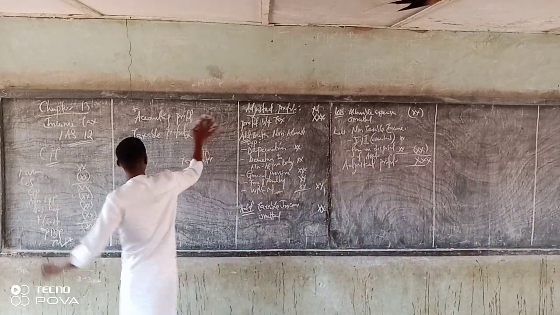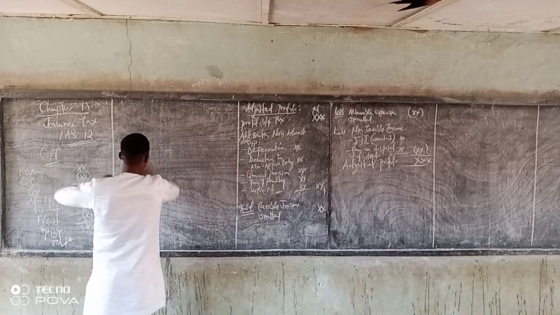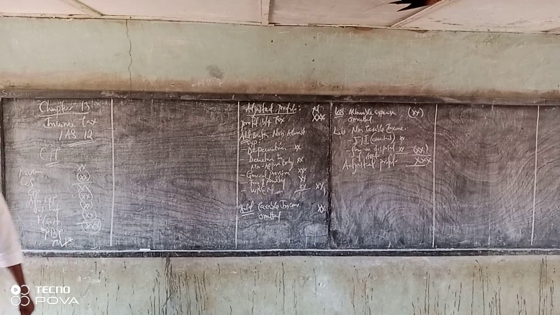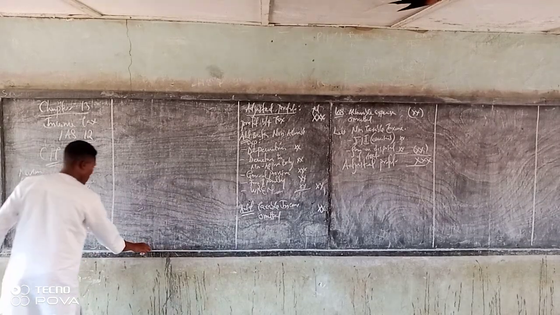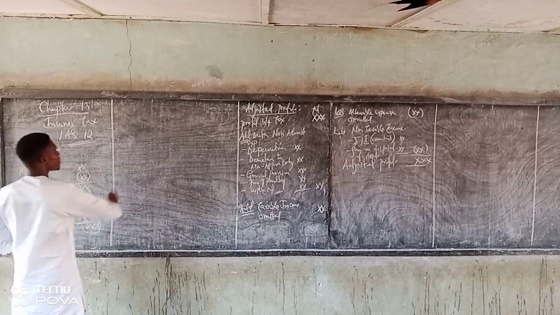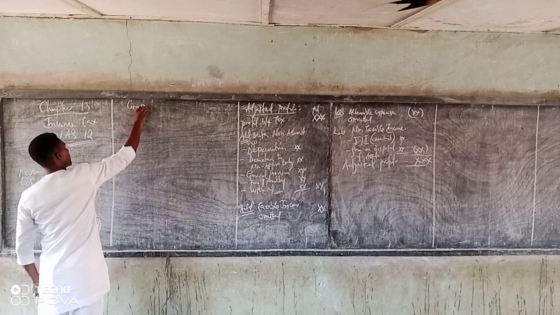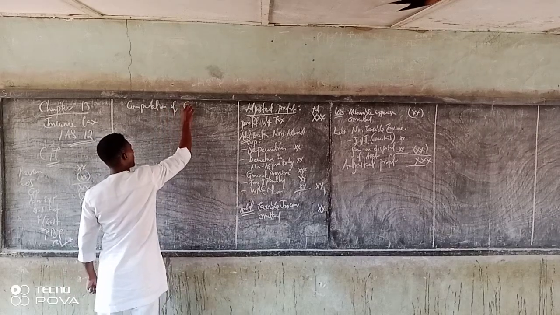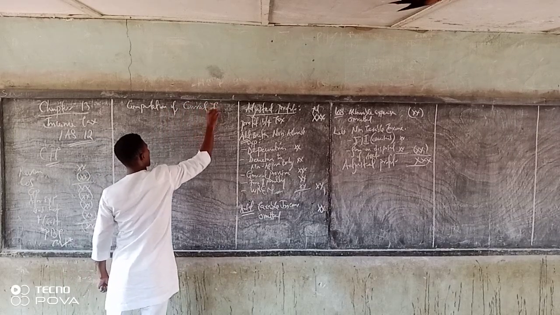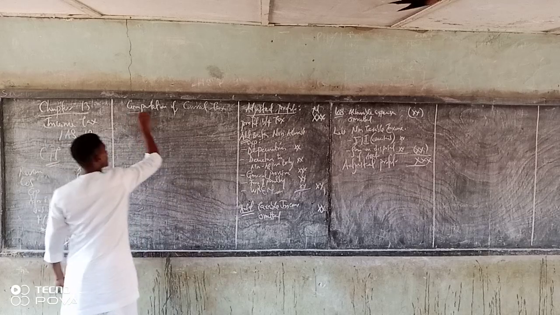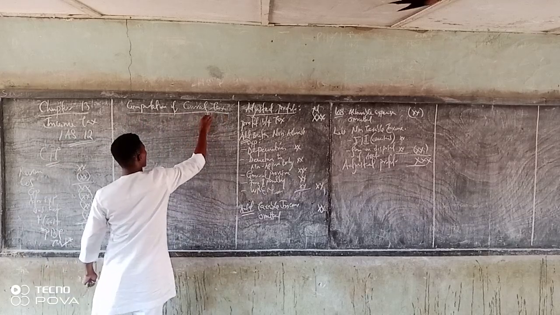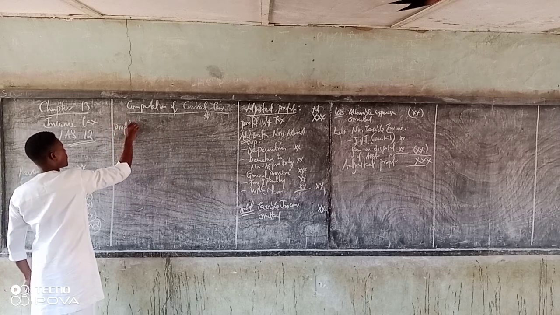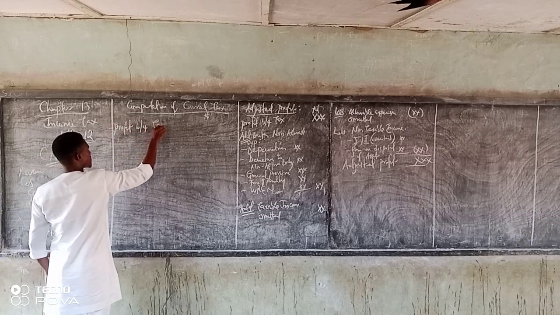So, computation of current tax. We are starting from our profit before taxation.